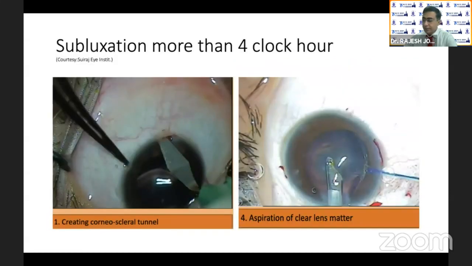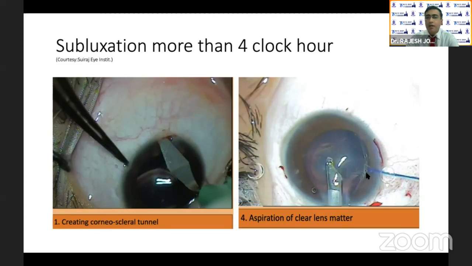Now, if the subluxation is more than 4 clock hours, you need to fix the bag with the modified capsular tension ring. For that, you have to create a Hoffman pocket or scleral tunnel. The site should be a little bit away from the 3 to 9 o'clock position because the long posterior ciliary artery enters at this area.